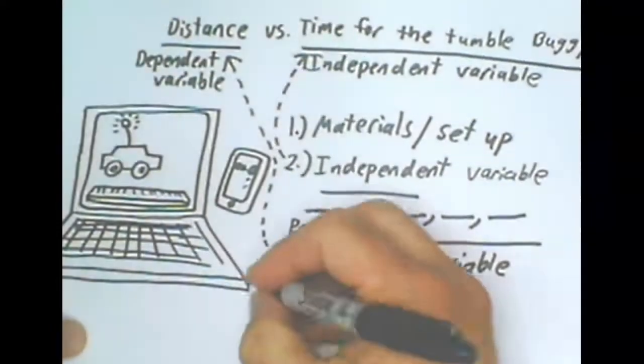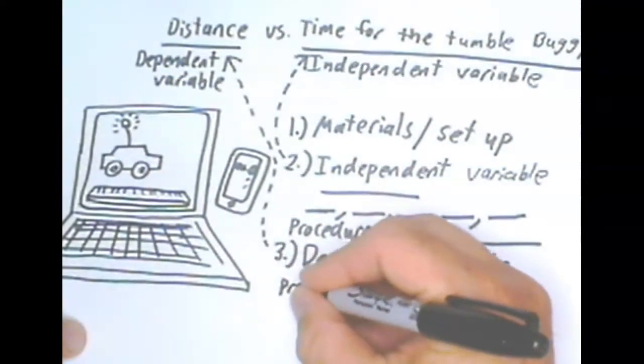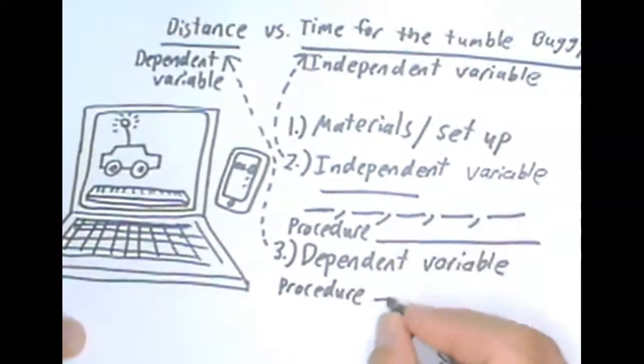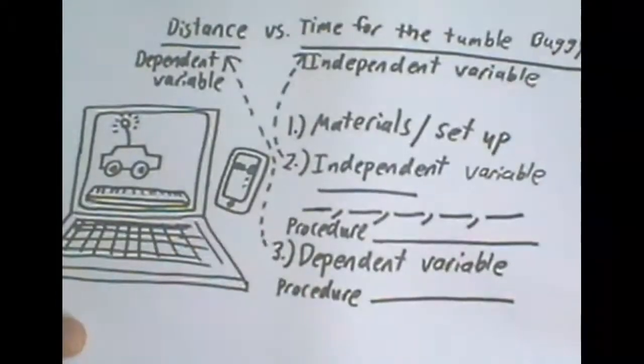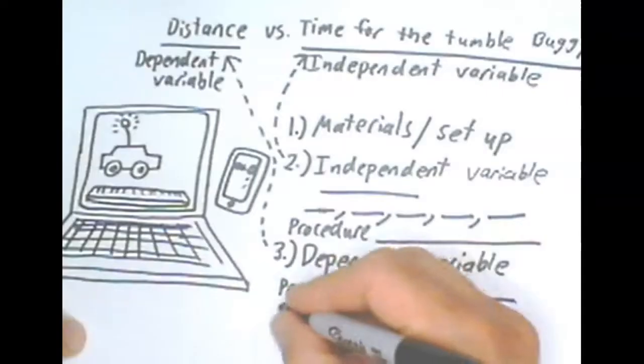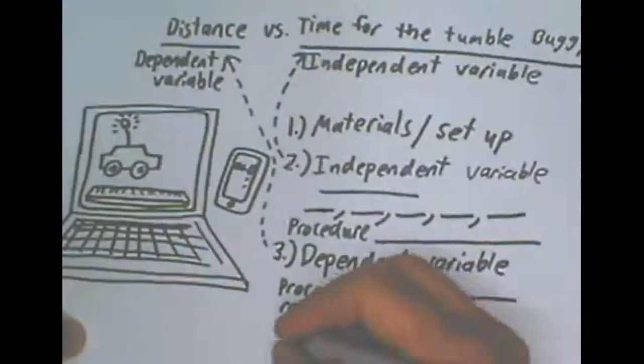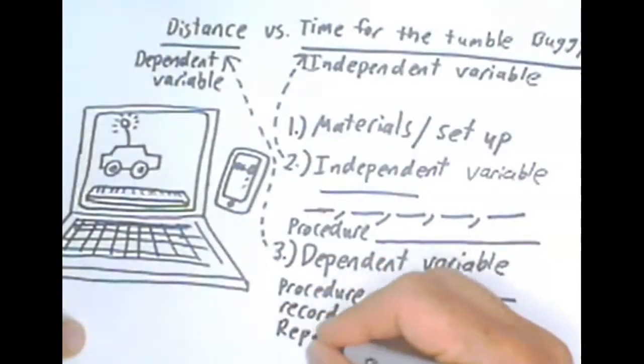And remember, this is to help us run this lab, so again, you are going to have to really talk about how you're going to get that done, to actually get to the point that you can record what you're recording. And you might mention if you need to repeat anything.